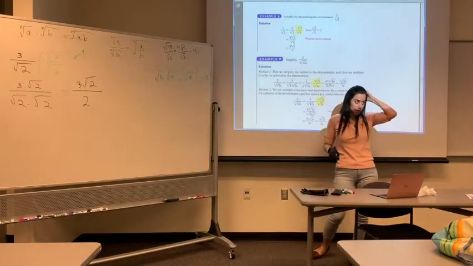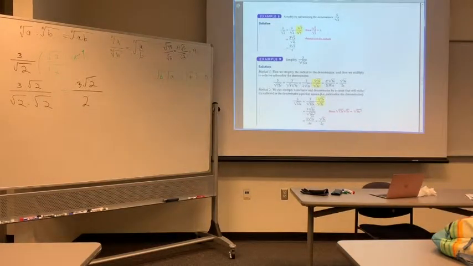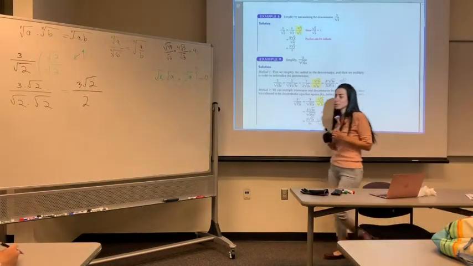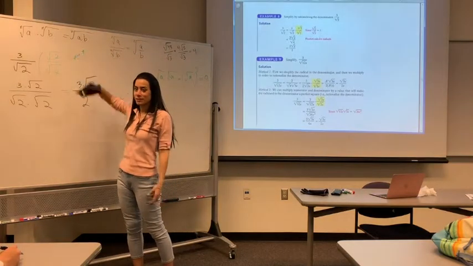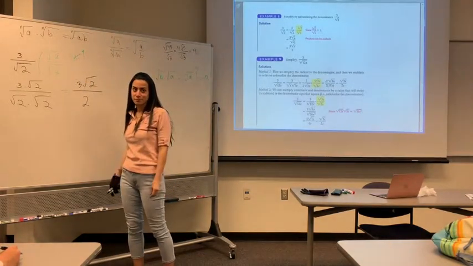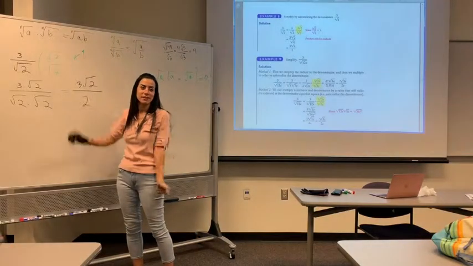We call this rationalizing the denominator. So we get rid of a radical in the denominator by multiplying the whole fraction by a kind of imaginary fraction, which is literally equal to 1, right? Means we did nothing.